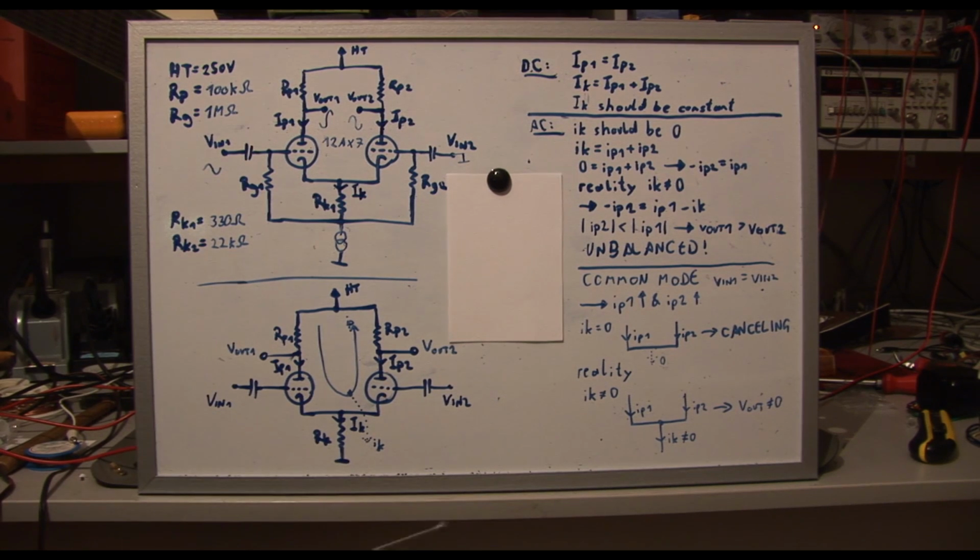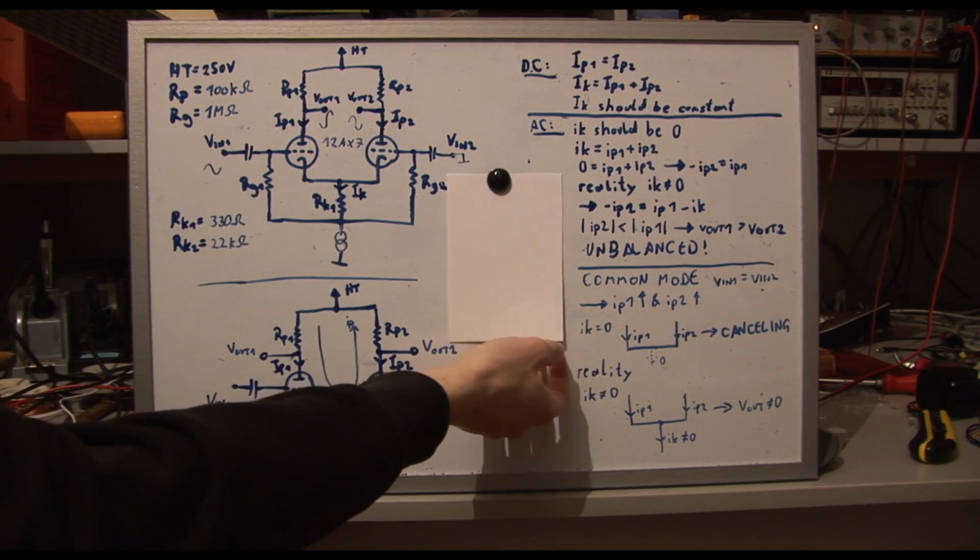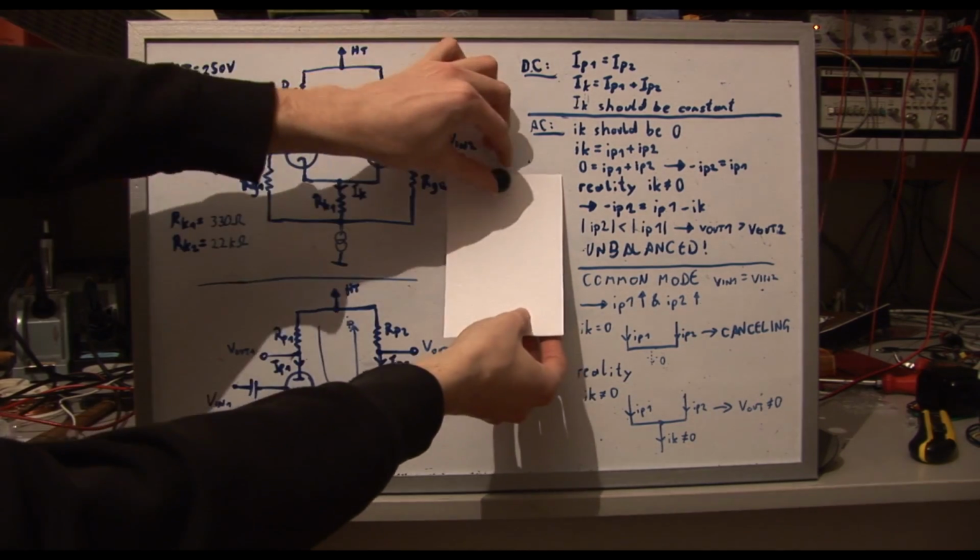And the next question is, how can we actually implement this current source? So what can we do? We need a specific component which acts as a current source, and it is hiding under here, as I told you before. So now let's reveal it. Let's see what the solution for this is.